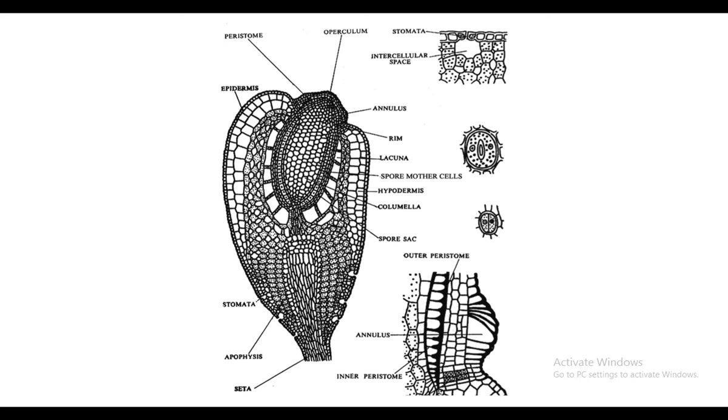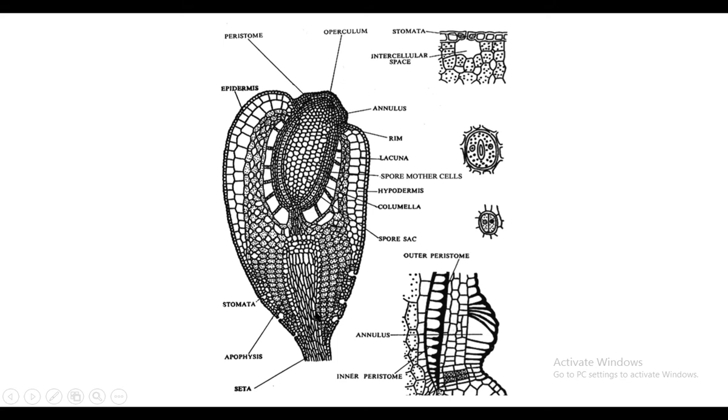This is the whole structure of a sporophyte. This is the seta, and the seta is long, which ends at a foot-like structure, which is embedded in the gametophyte. But this is the top structure. The tip produces the capsule.